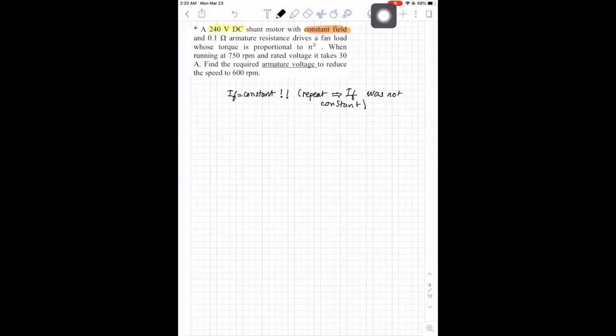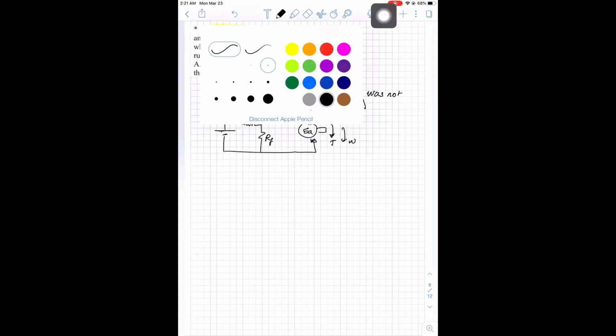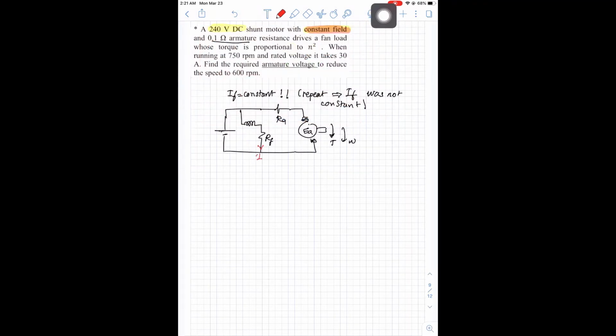Now here we have our armature resistance R_A of 0.1, so we will sketch the circuit. Here is our source, the field resistance R_F, and here we have E_A, torque, omega, R_A, R_F, and the current going into R_F is I_F, which is constant, and here is I_A, V source.